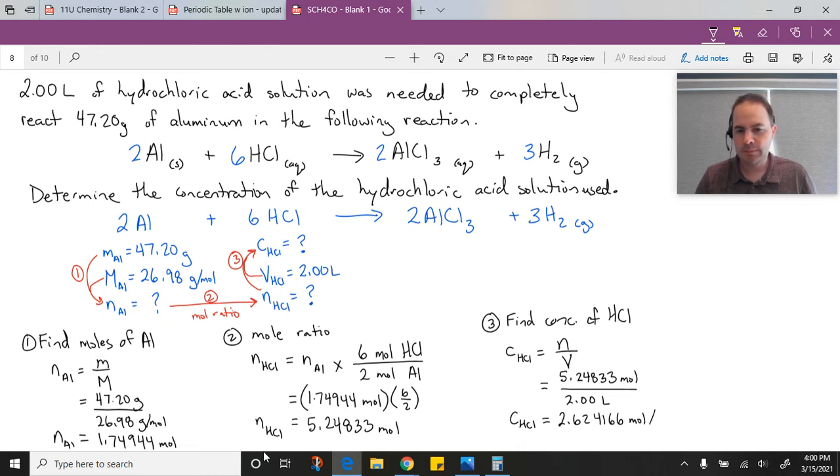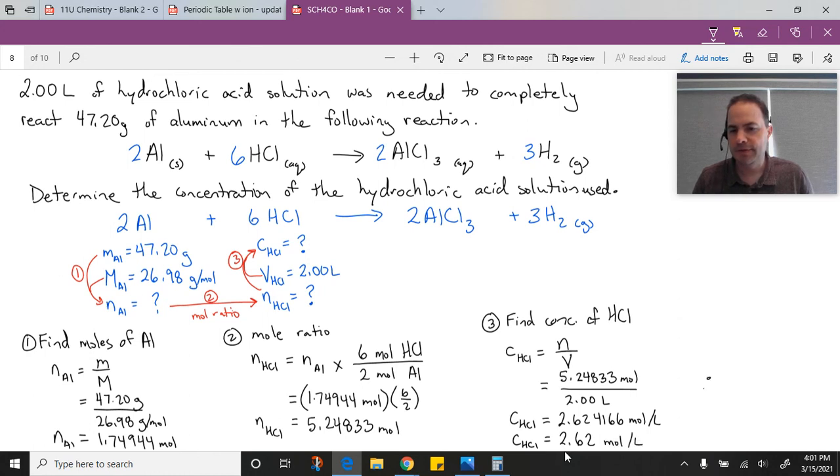2.624166 moles per liter. But we want to make sure we've got the correct number of significant digits for our concentration. Based on the data in the question, we had 3 significant digits for the volume. Everything else was 4. Since all the math we did was multiplication and division, we want the lowest number of significant digits. So our answer should be 2.62 moles per liter.